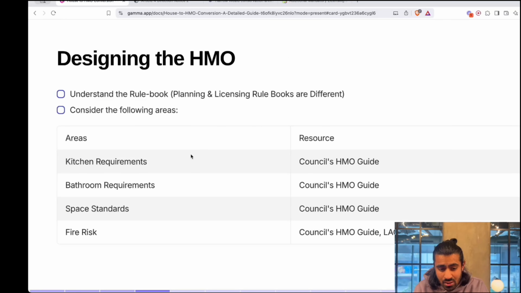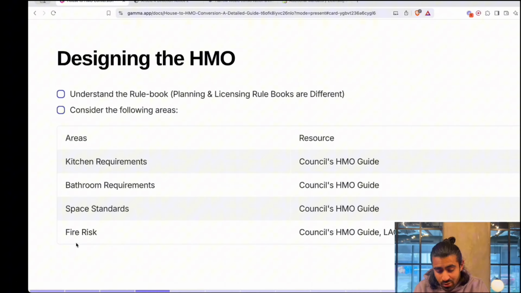What that means is, what rules are going to impact the actual construction of the property. The things of most concern in that area are the kitchen requirements, the bathroom requirements, the space standards, and the fire risk standards that we need to adhere to.